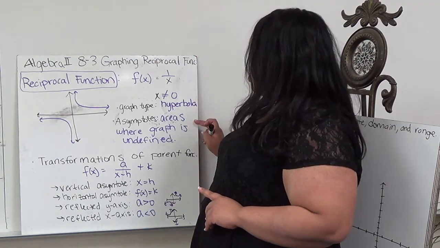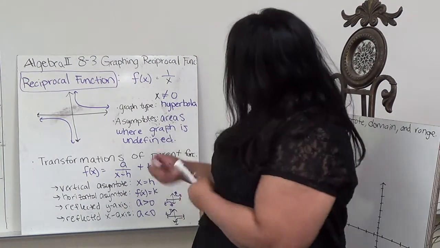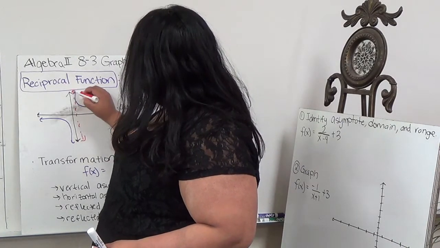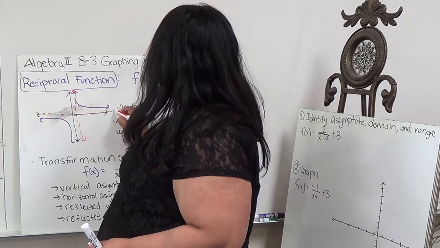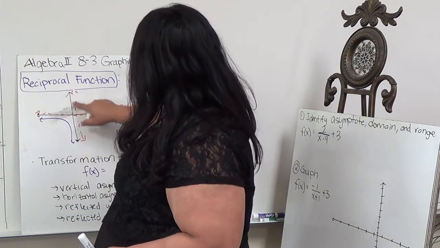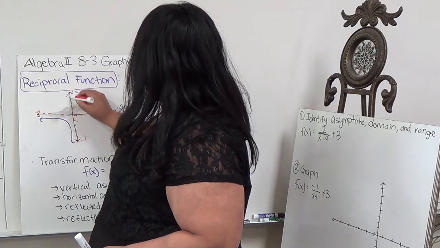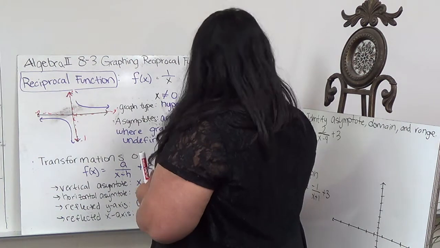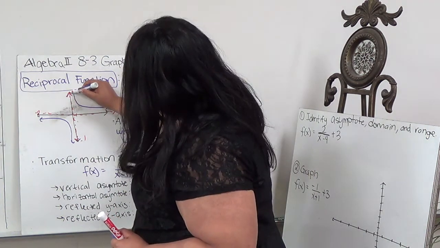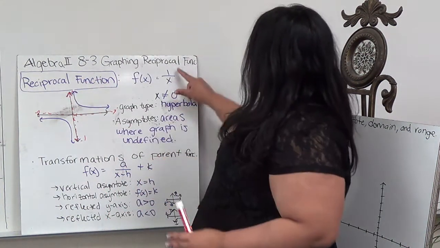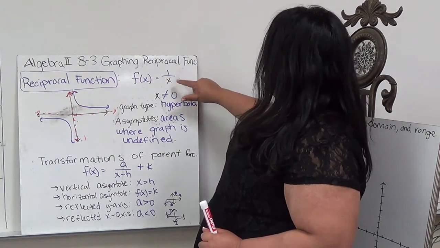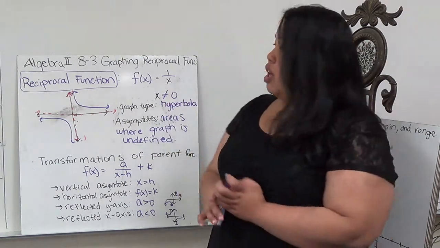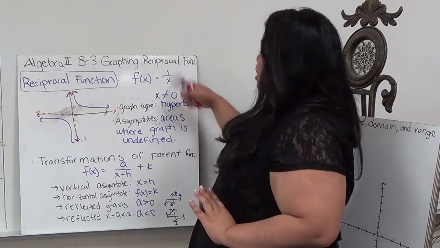And the asymptotes are these lines where the graphs will go near but will not touch. So in the parent function, the original reciprocal function, x cannot be 0, because if you do 1 over 0 in a calculator, it's going to give you an error.